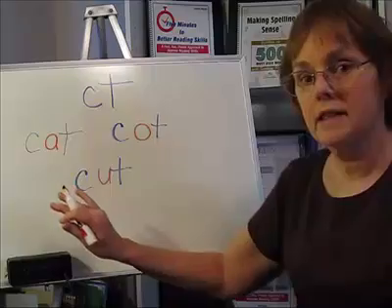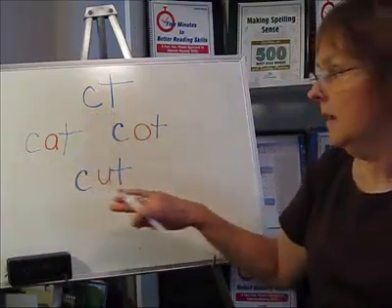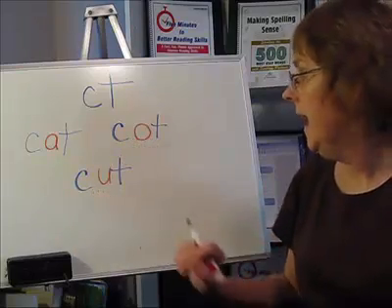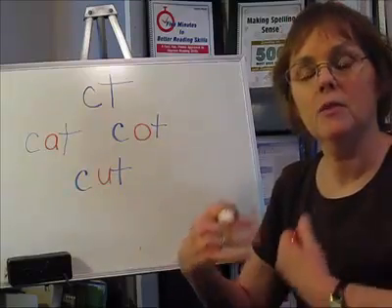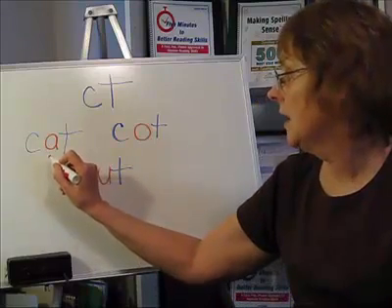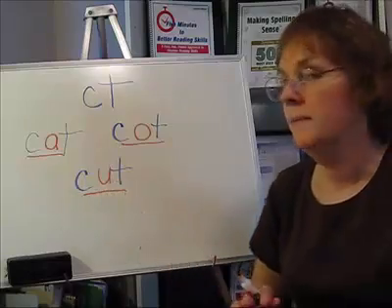So now, all of a sudden, instead of kt, I have words. I have cat, cot, and cut. And so when we add a vowel, it gives the pizzazz. It gives the words voice. And so we have the words cat, cot, and cut.